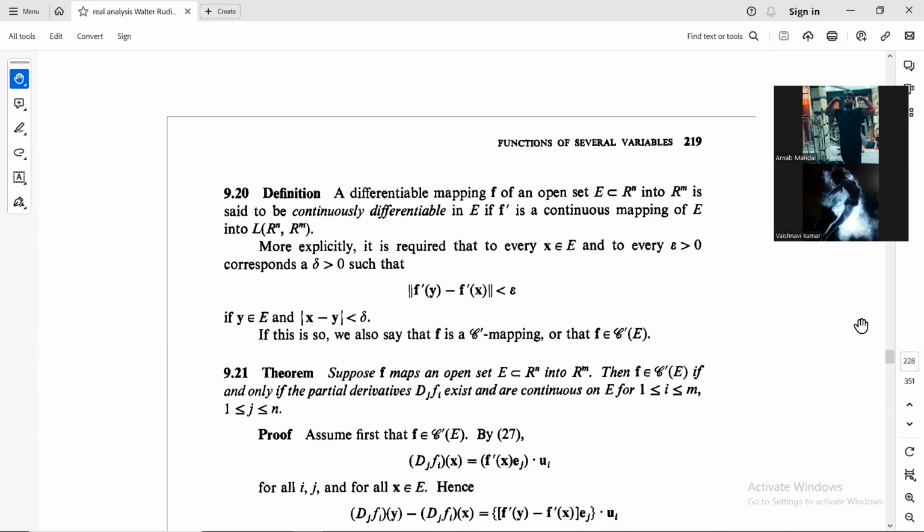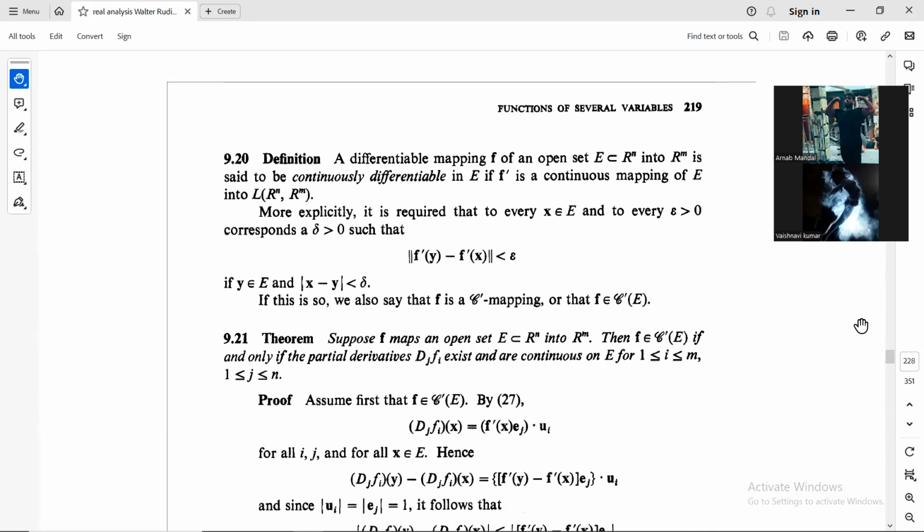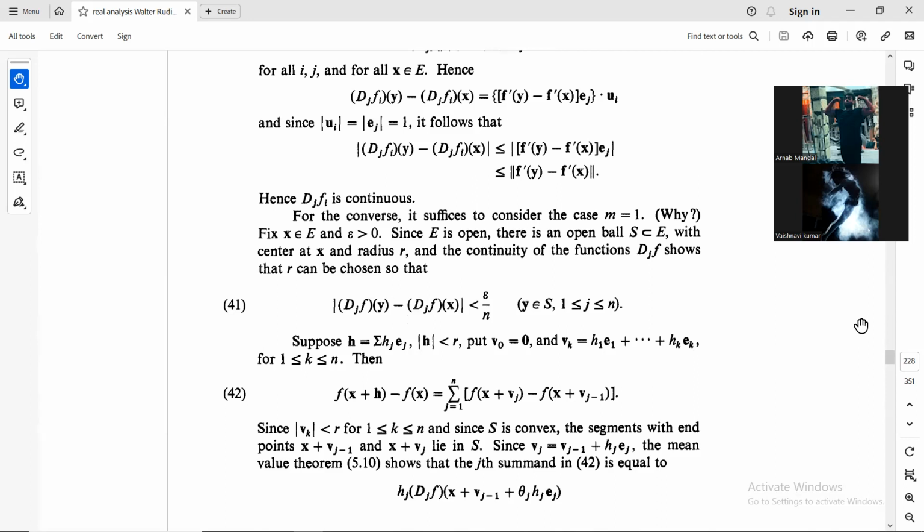So look for a definition. On open set it is a different game, but on closed set the definition is not very clear.